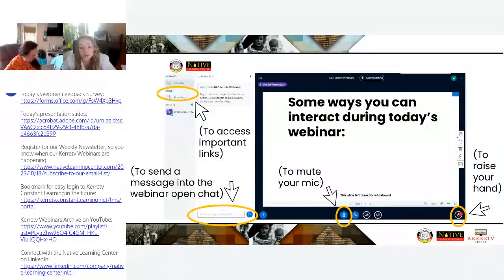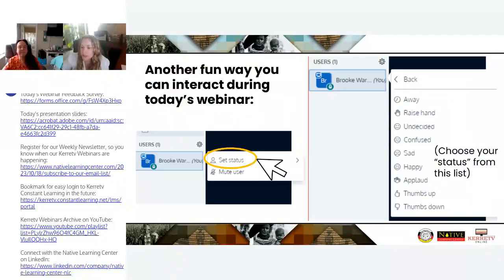But if you want to make sure that we have it to look at the end, you can always put that into the chat. And we have our public chat. You can just type in where it says send message to public chat. And then again, that shared notes section. And both those shared notes as well as the public chat will have the links to today's presentation slides, as well as your webinar feedback survey.